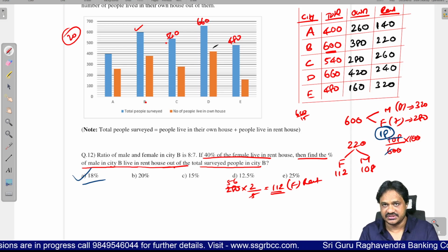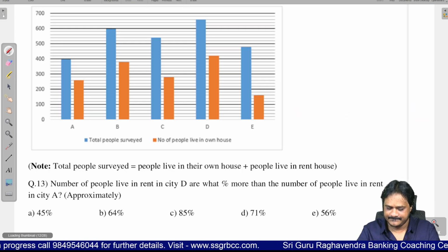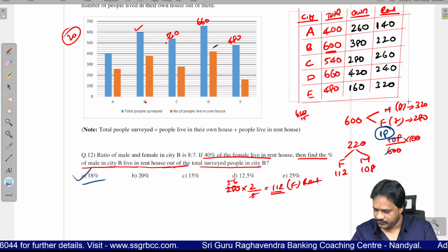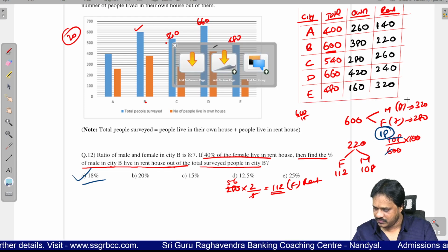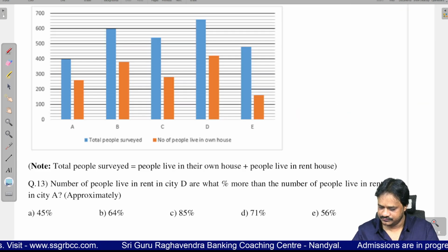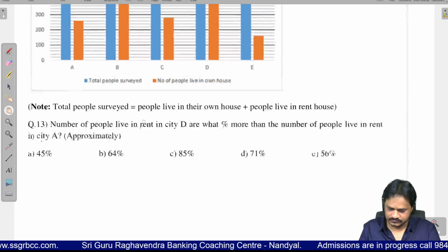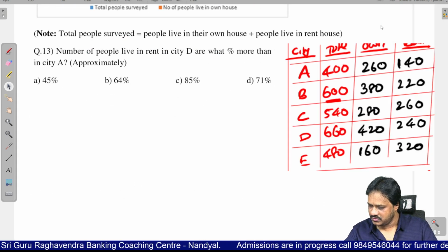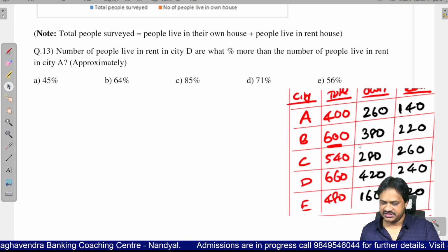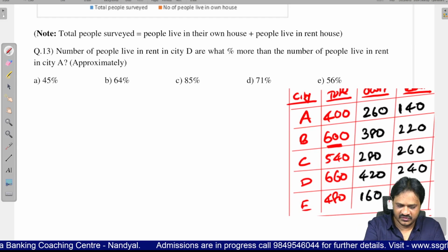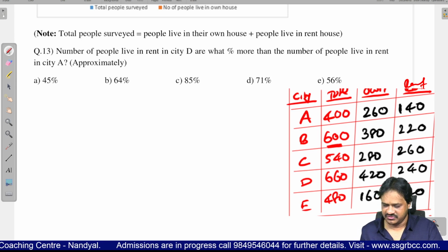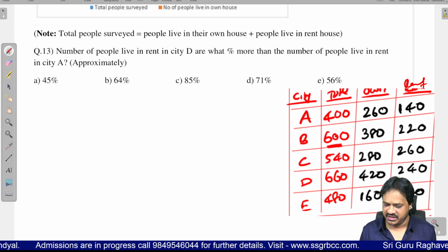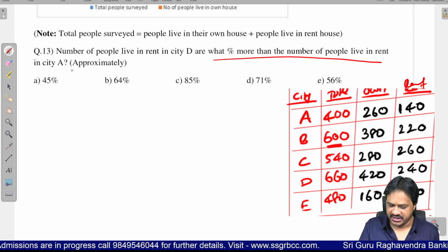Let us see the next question. See, this is the rented house, this is the own house. The number of people living in rented in D are what percent more than living in rented in A?